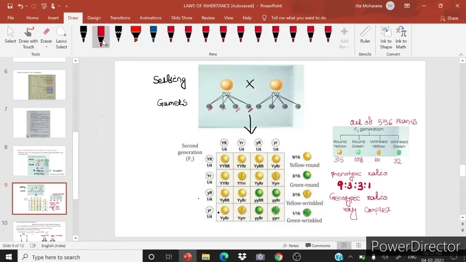In the F2 generation, when these gametes fused with each other, out of 16 progenies, 9 were round yellow, 3 were green round, 3 were yellow wrinkled, and only 1 was green wrinkled. You can see the color and the shape of the seeds here. So the phenotypic ratio was 9:3:3:1, and the genotypic ratio is very complex. You will read it in your higher classes.